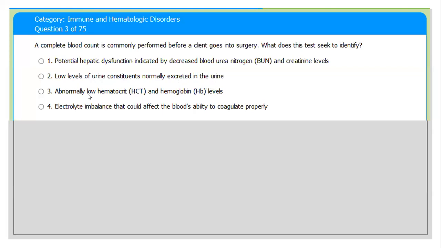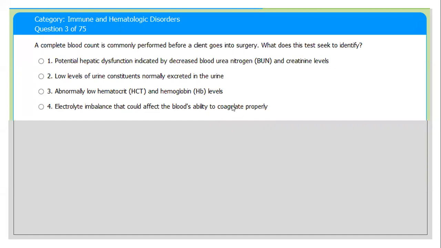Number three, abnormally low hematocrit and hemoglobin level. So a complete blood count must check the total red blood cells, total white blood cells, total platelets, hemoglobin, and hematocrit, right? And number four, electrolyte imbalance that could affect the blood's ability and coagulation properties.